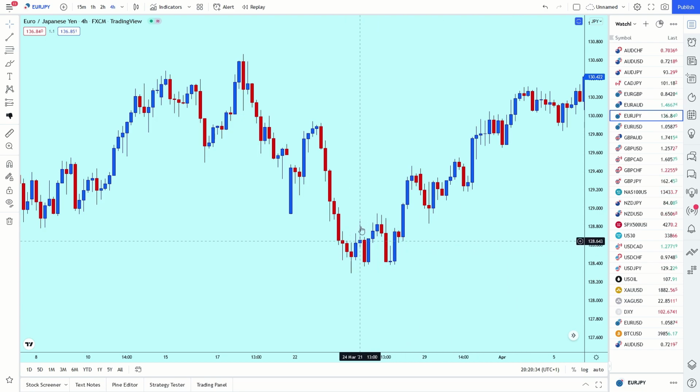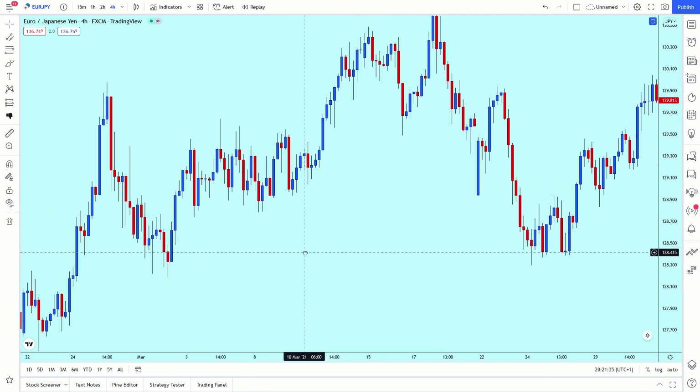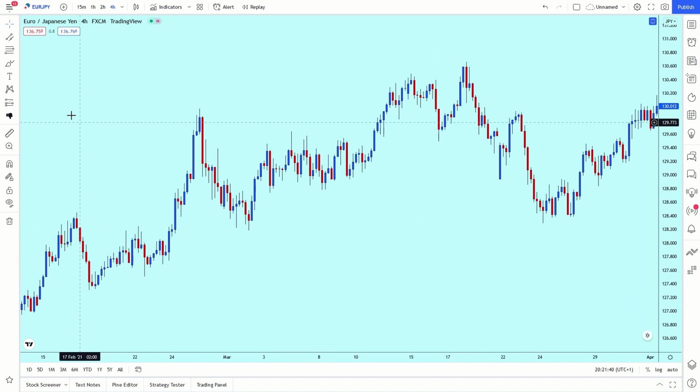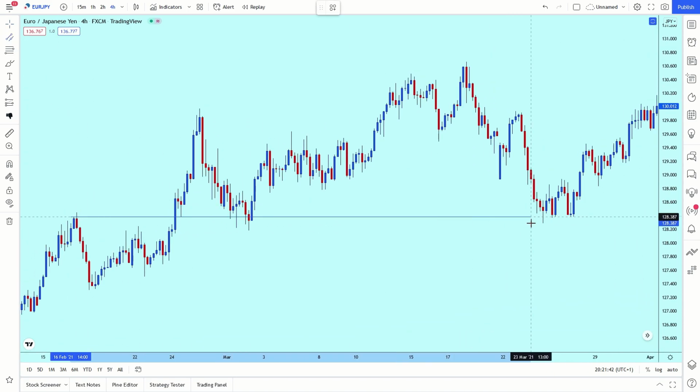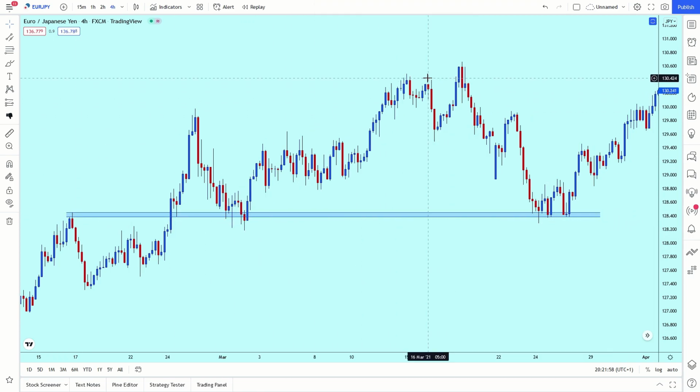Here we have an example of a double bottom, but what is interesting about this case is that this pattern occurred at the previous significant zone. If you look at the previous price movements, you can see that this double bottom occurred at the key zone, which I will mark right now. Here, as you can see, price formed this high, broke this previous high and retested it, and it went all the way up, and then after some time it went down again to test this previous zone with this double bottom.